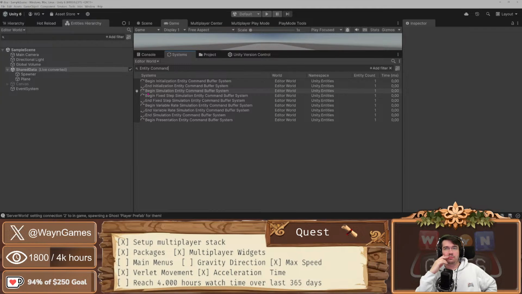Do you have a pattern or something like that you usually use to say, okay, I create all my entities in, I don't know, the begin simulation buffer, and I only destroy my entities in the fixed update, and so on?